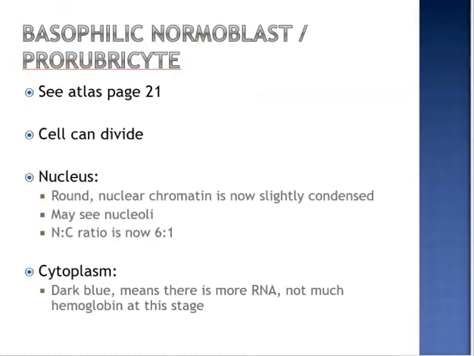The next step in maturation of red blood cells is the basophilic normoblast, or you can also refer to it as the prorubricyte step.